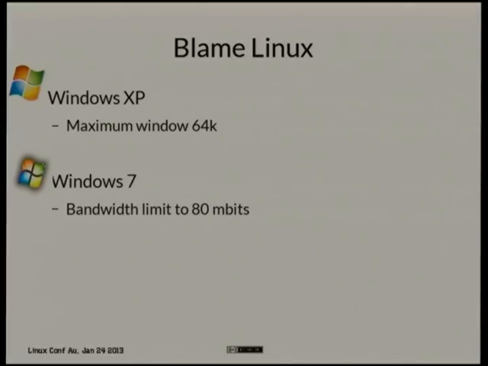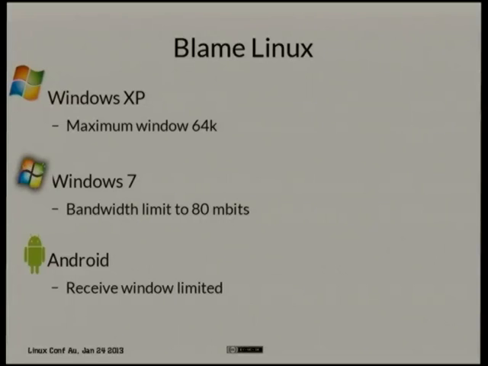Windows 7, they wanted to support media playing. They were testing. They discovered that basically they ran into the bufferbloat problem, didn't investigate it any further, and basically rate limited every Windows 7 desktop machine to 80 megabits. So it's like having a teenager in your car. You want to have it max speed at 50 miles an hour.